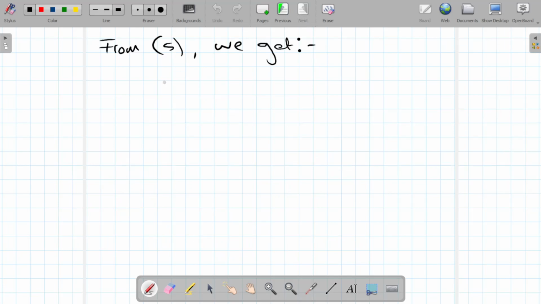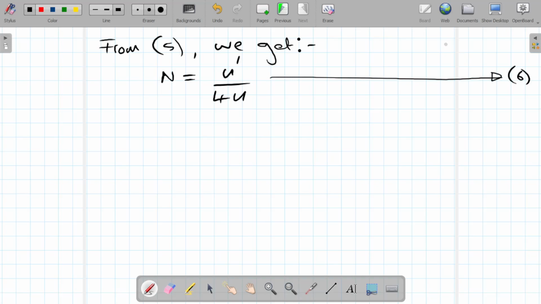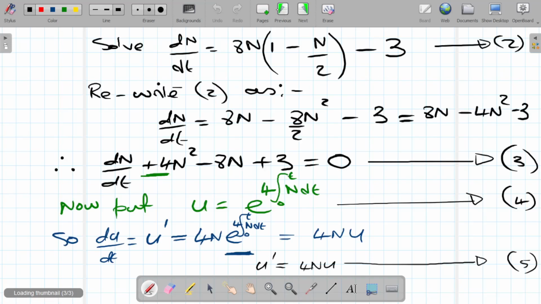So we get n equals u prime over 4u. And that is equation 6. Let me just check that. Yep. So it looks like we're on the right tracks.